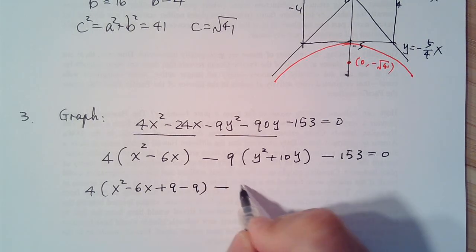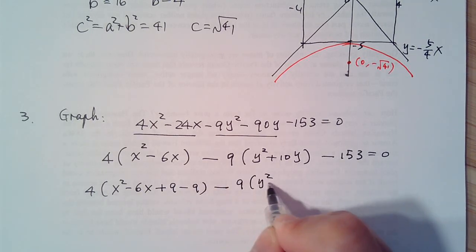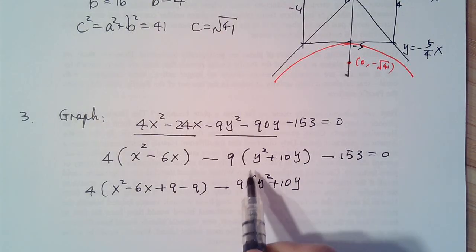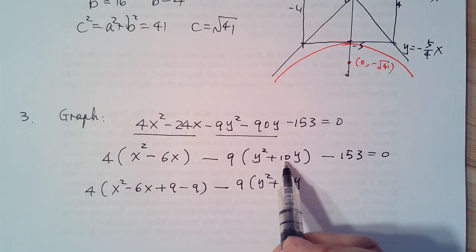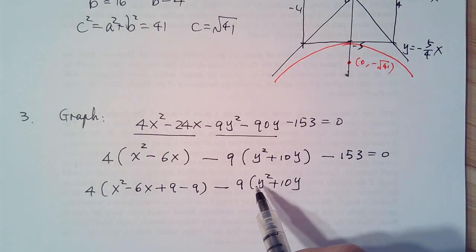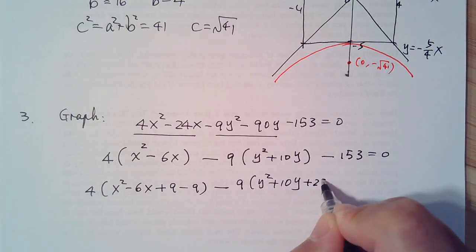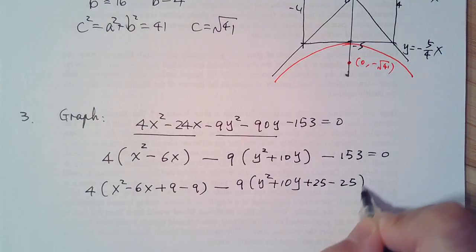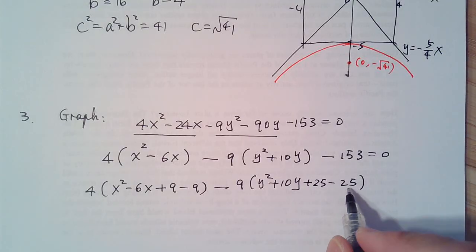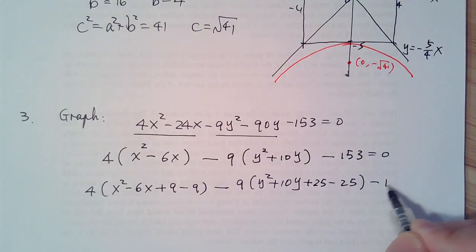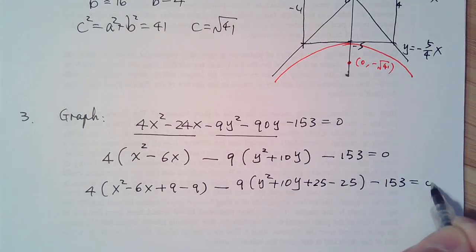And this one is y squared plus 10y. This coefficient is 1, this coefficient is 10. Cut that in half is 5. Square it is 25. So plus 25 minus 25 right away. Every time you add something, you subtract something, so you're not changing the value, just the look. So minus 153 equals 0.